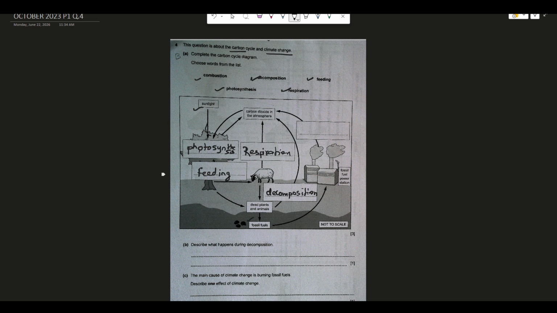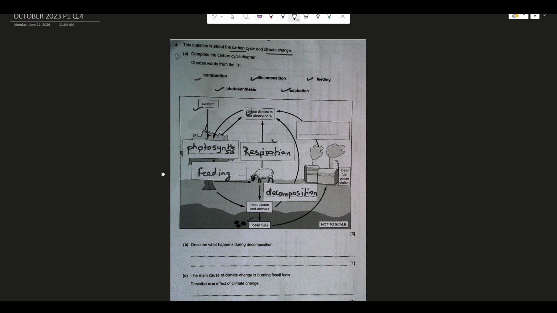At the same time, when the animals are alive, out of respiration, they take in oxygen and they give out carbon dioxide. So by the respiration process, these animals will give out carbon dioxide, which is written over here. And you see in this box, there is carbon dioxide which is going into the atmosphere, right?